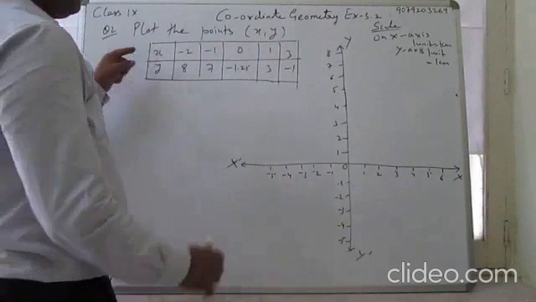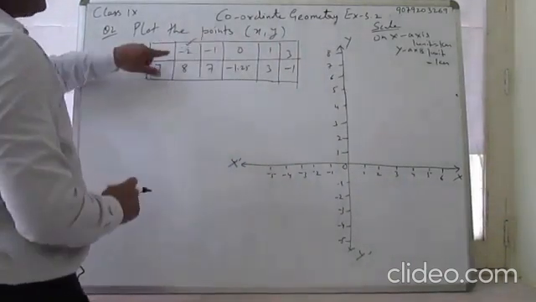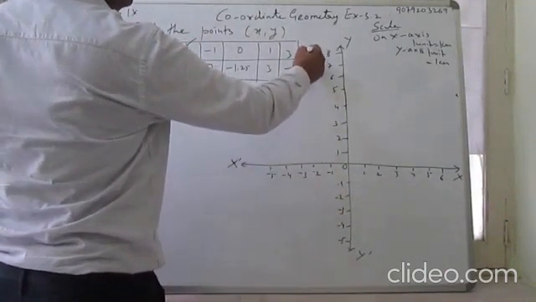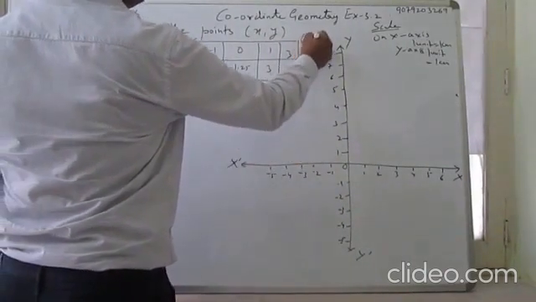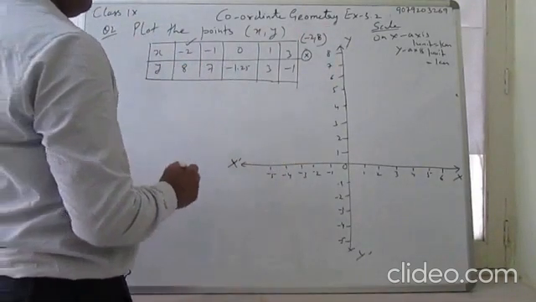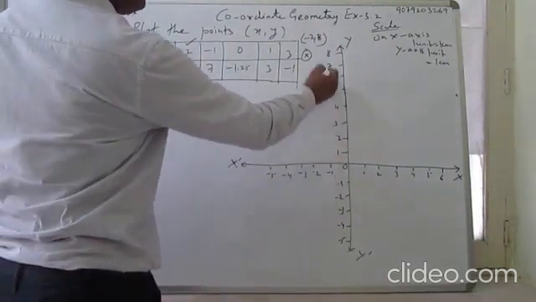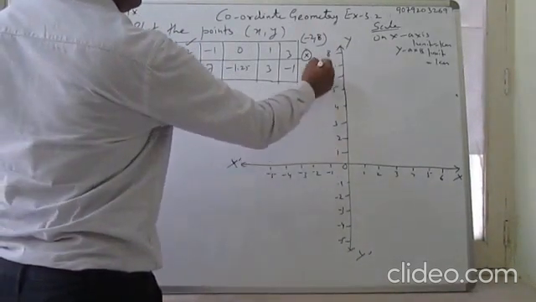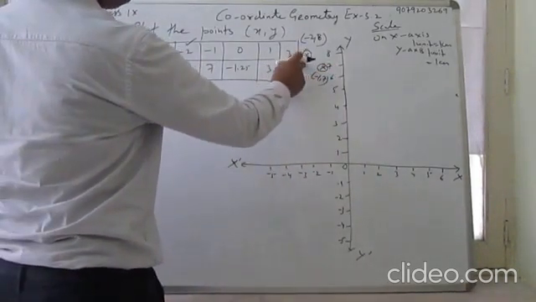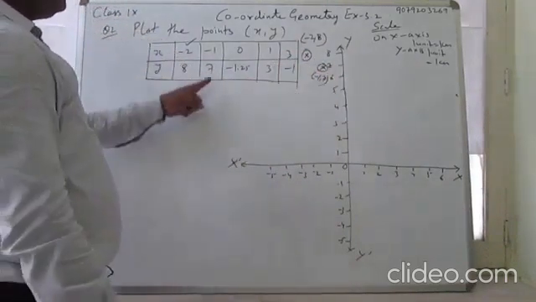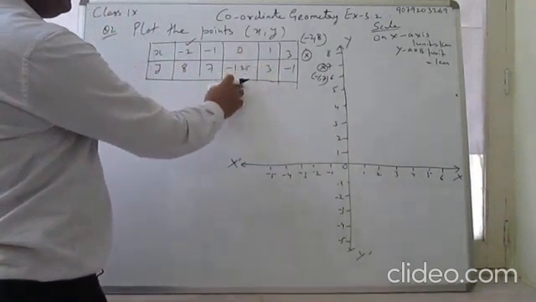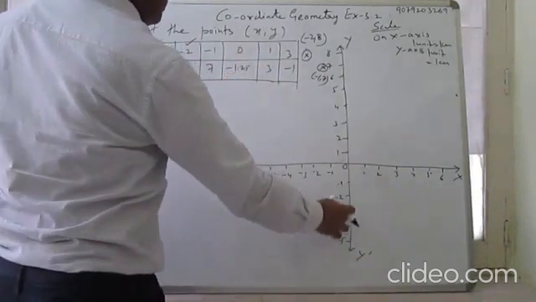Now plot the points. The first point is minus 2, 8: x is minus 2 and y is 8. So this is the point minus 2, 8. Now minus 1, 7: minus 1 on x and 7 on y. You can also name the points A, B, C, D like that. Next, 0, minus 1.25: x is 0 and the point is on the negative y-axis.